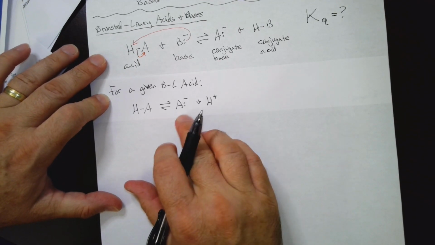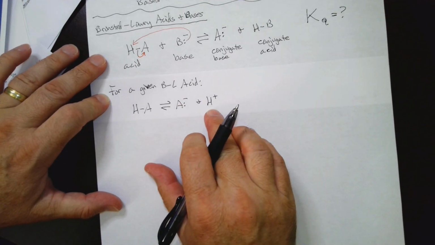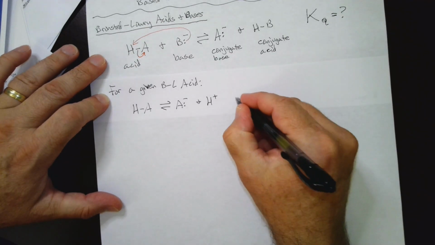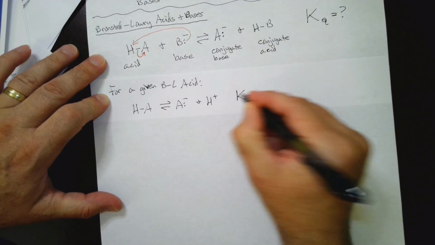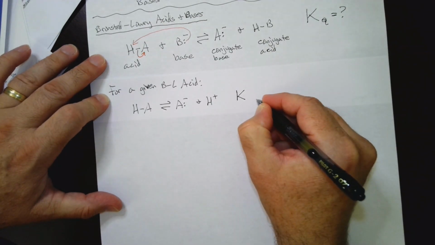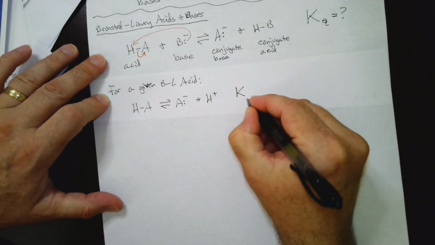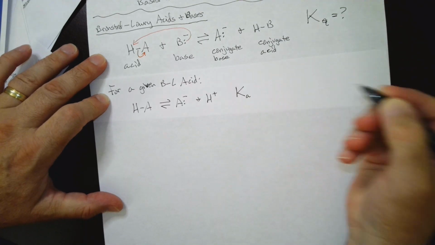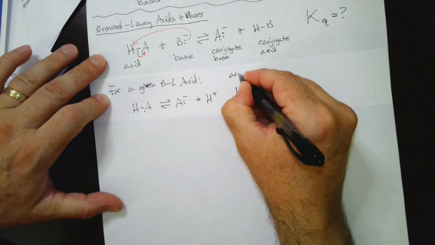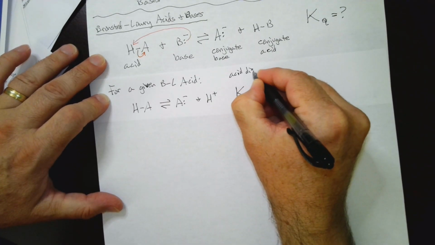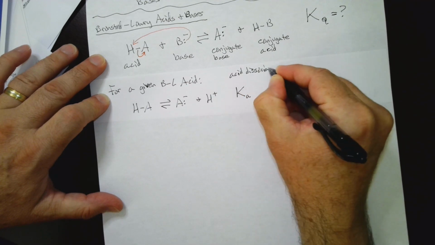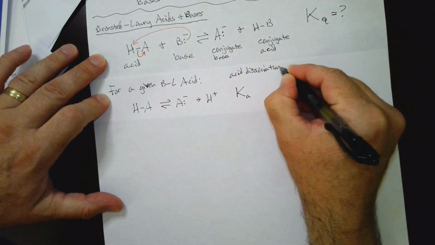HA goes to A minus plus H plus. And this is an equilibrium. We have an equilibrium constant here, which we call Ka, and that's the acid dissociation constant.